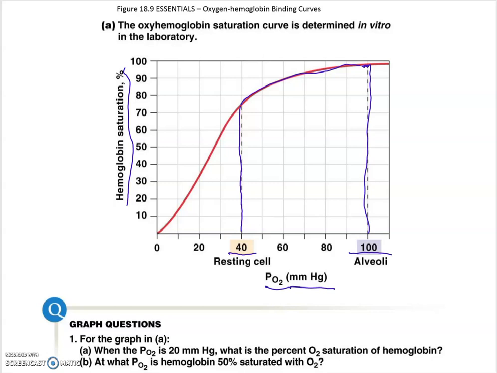Now you should note that we're not going down to zero. In other words, the hemoglobin isn't unloading all of the oxygen that it carries in the tissues. Only 25%, in fact. So we're going only down to 75% saturation.